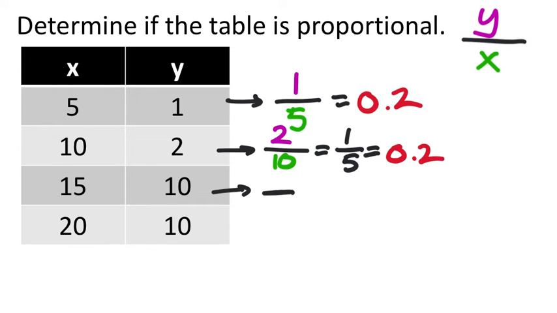So for my next fraction, though, the y value is 10, and the x value is 15. Now, if you were to simplify this one, the problem here is that you get 2/3, which is not going to be 0.2, that's 0.6 repeating. Very different value.